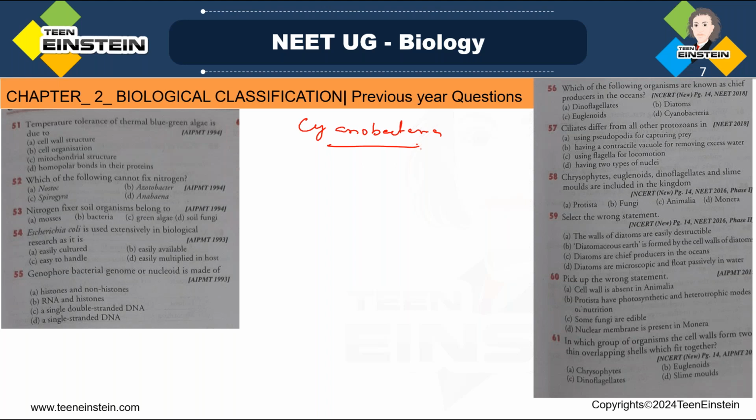So they can live in extreme conditions, and that shows their adaptability of life to extreme environmental conditions. That means the high temperature of hot springs and the low temperature of polar regions, everywhere they can exist, right? This is due to their gelatinous sheath, which can withstand long periods of desiccation.